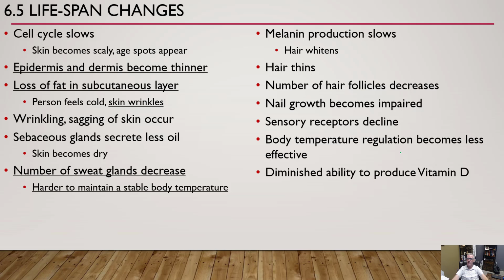So combine that with the increased incidence of diabetes, and older people might have more wounds on their body because they can't tell that they have a sore. And with getting cold more often, you can't regulate your body temperature as effectively. And then decreased ability to produce vitamin D. So you need to be on vitamin D supplements.